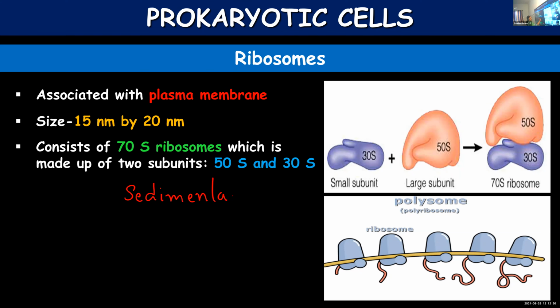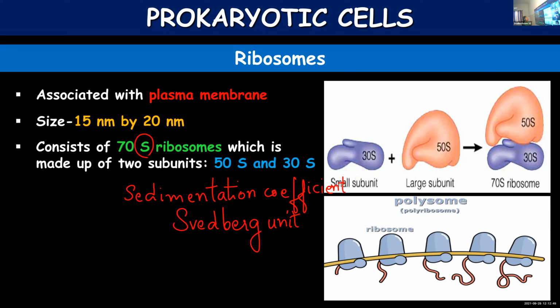Based on its density or sedimentation coefficient, there are different types of ribosomes, 70S, 80S, etc. S stands for Svedberg. I think under eukaryotic cells in this chapter, you're going to learn about it.